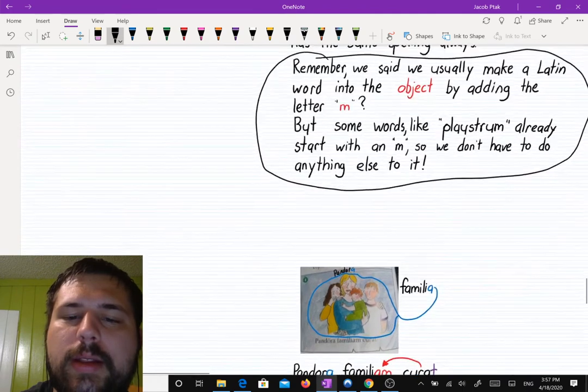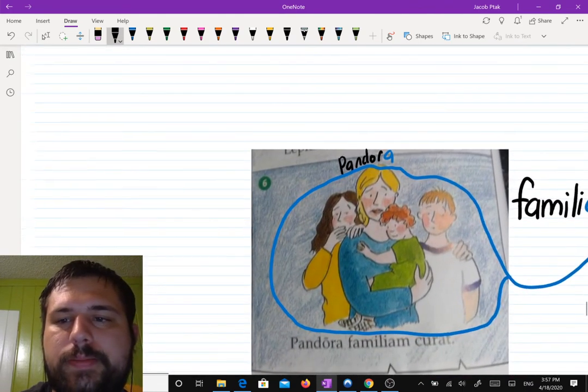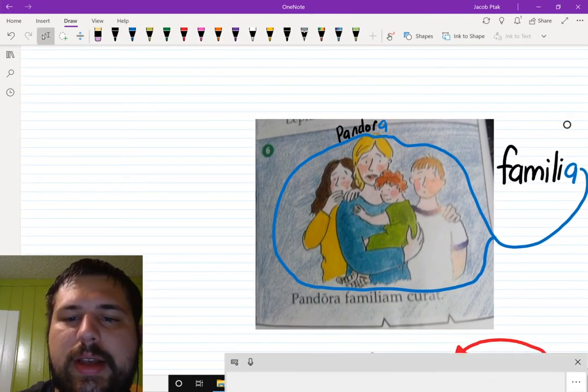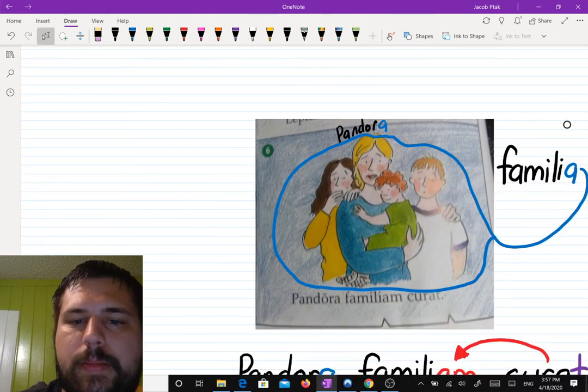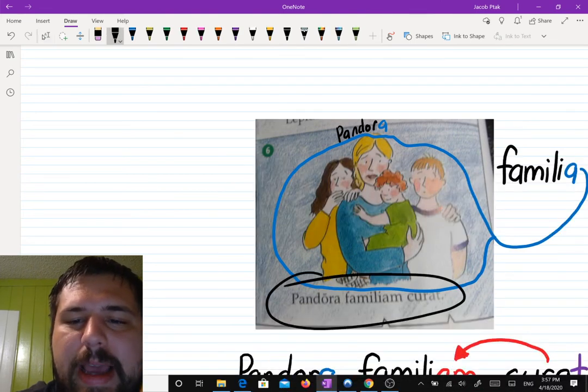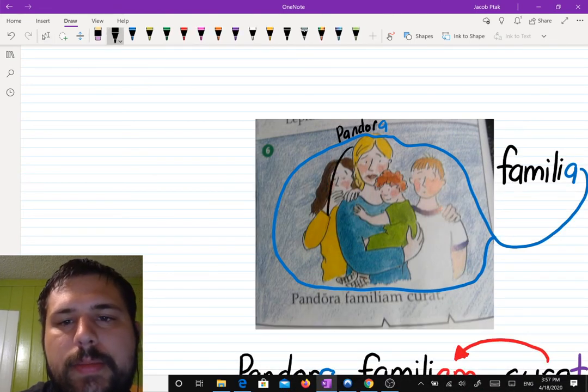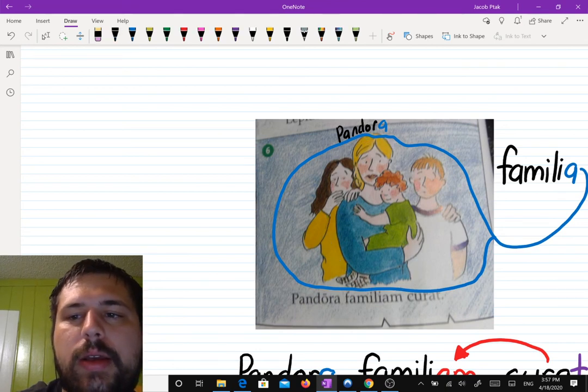Okay, and let's do our last box now. Box 6. Pandora familiam curat. This is Pandora right here, and this is the familia.